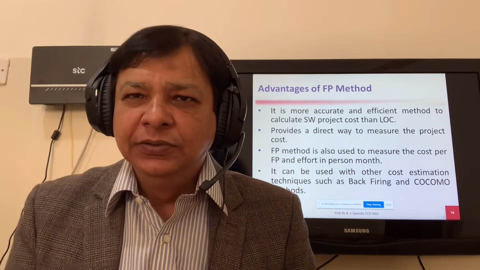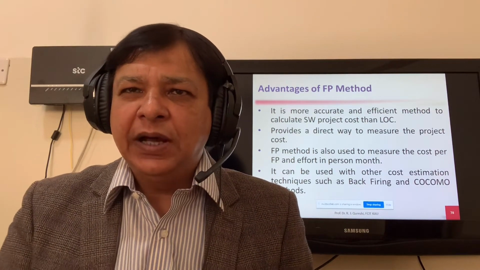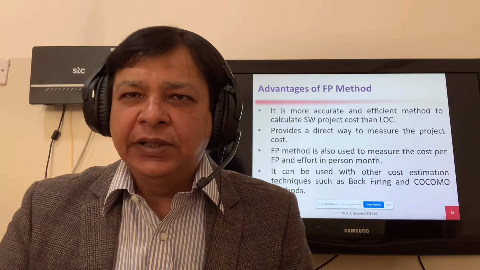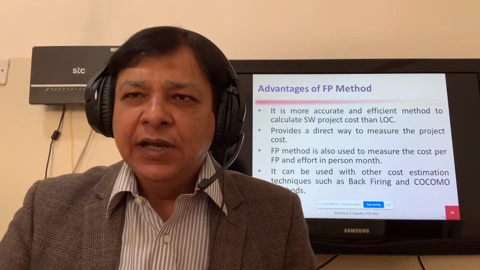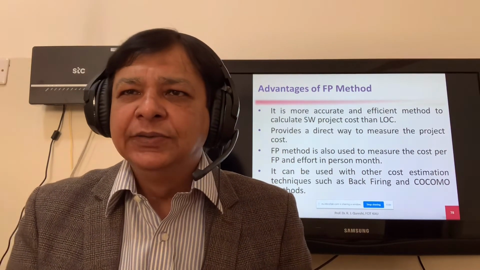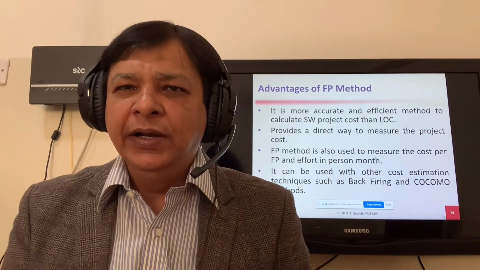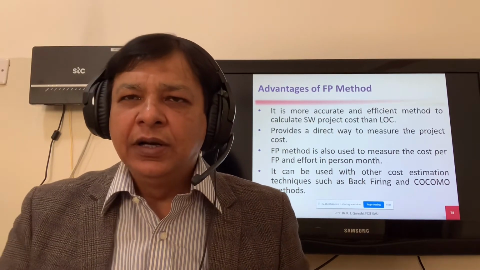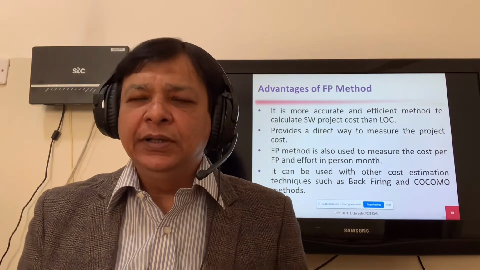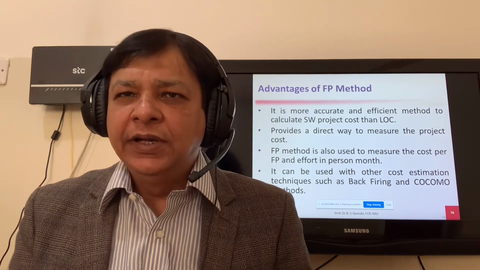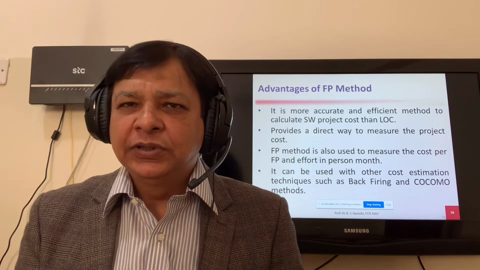Like I told you, it gives a roadmap for other researchers to calculate time, team size, effort, and number of lines. Methods like backfiring and COCOMO use function point to calculate the number of lines, time, effort, and team size. This is what we need to start a project.